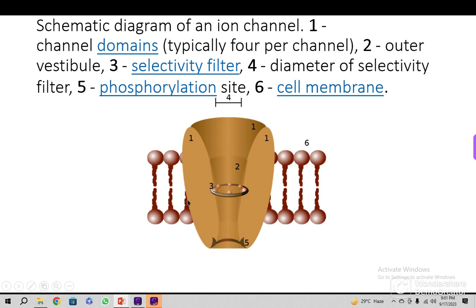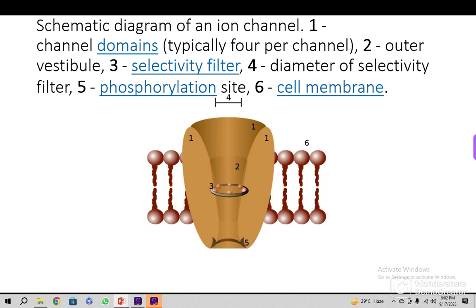This is the cell membrane, and the channel is embedded here. Then we have the vestibule, the outer vestibule. Then there is the selectivity filter, with a region of the vestibule, and this way the gate opens or closes.